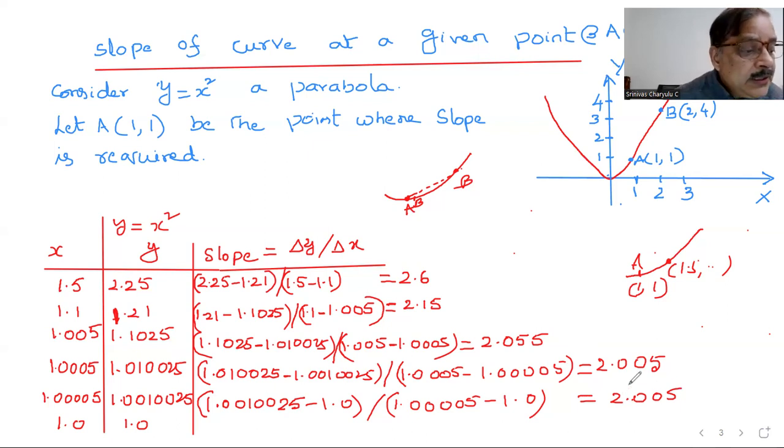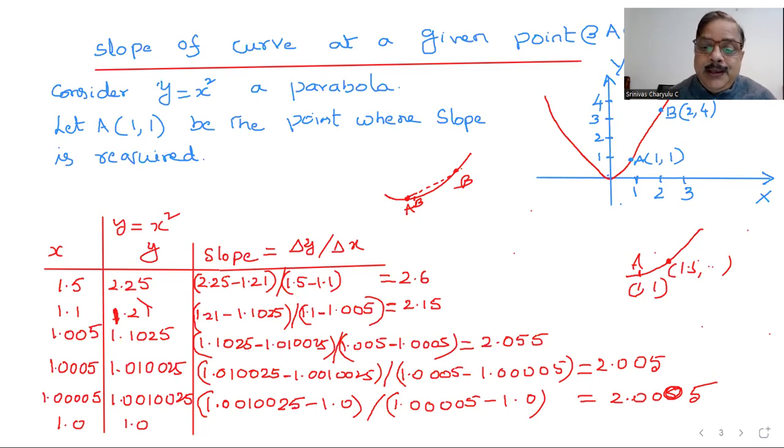So this value is very close. This is 2.055, then the next one is 2.005, then one more zero you have to add. So it keeps on decreasing towards 2.